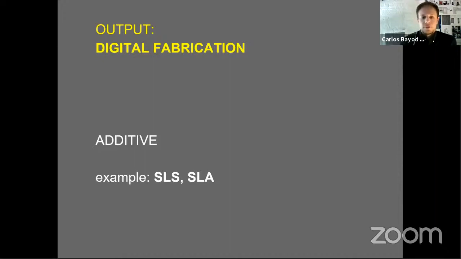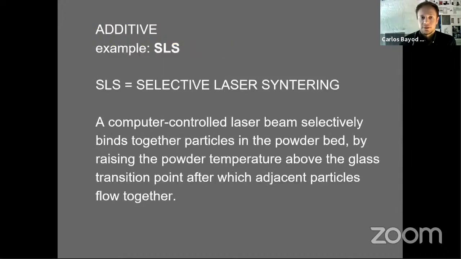Other ways of 3D printing, or additive digital fabrication, is, for example, laser sintering, which is basically, instead of starting with a filament that you are heating, you start from a powder material that also, with temperature, can get solidified only in certain areas where you are defining your shape.